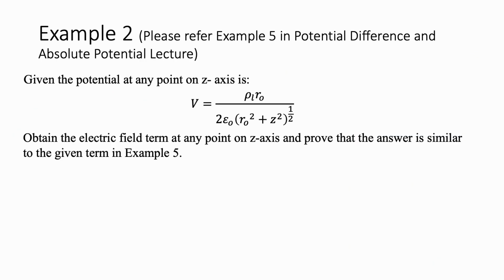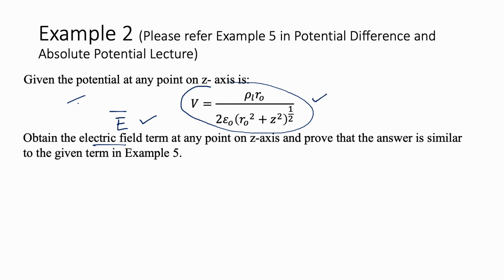Now let's look at another example, which is example number 2, which we have discussed in our previous lecture, where we did discuss how to obtain the V. Now currently what we need to do is the reverse version, where we need to find the E. If you still remember, in the previous lecture I did provide the E and you needed to determine the V. So now it is the other way around.